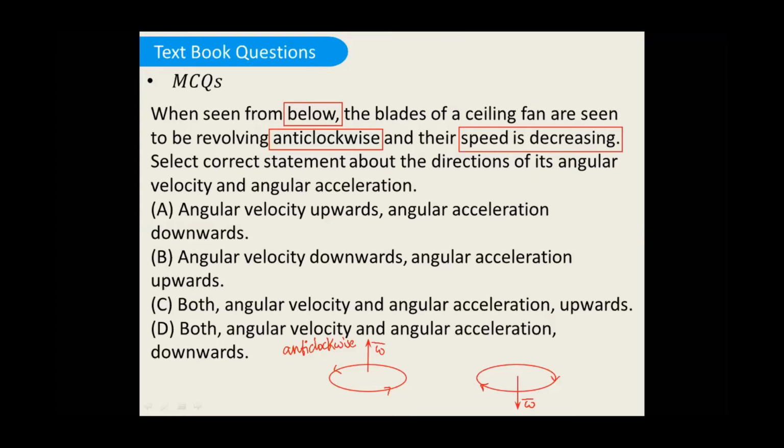So what we have to note is that the omega direction is given by the right hand thumb rule. If the curved fingers of the right hand denote the direction of motion of the particle, the thumb gives the direction of omega. If the curved fingers move in the anti-clockwise direction, omega is upwards, and if they move in the clockwise direction, omega is downward.